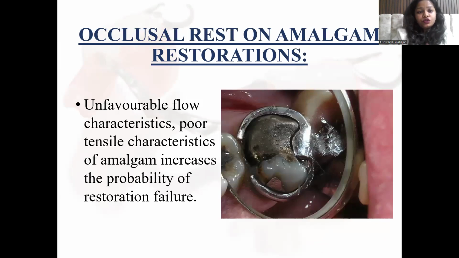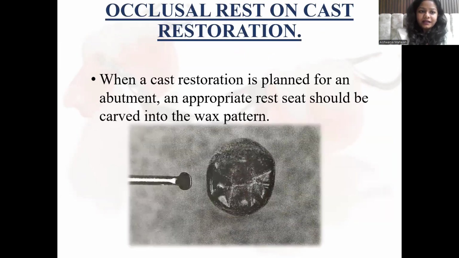Occlusal rest can also be given on an amalgam restoration, but the unfavorable flow character and poor tensile strength of amalgam increase the probability of restoration failure. So earlier, it was an older practice: when on an amalgam restoration, we used to prepare the occlusal rest. But the newer practice is to use a cast restoration for preparing an occlusal rest in a compromised abutment.